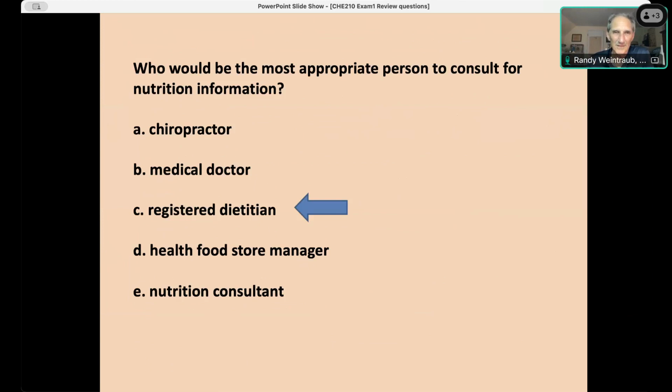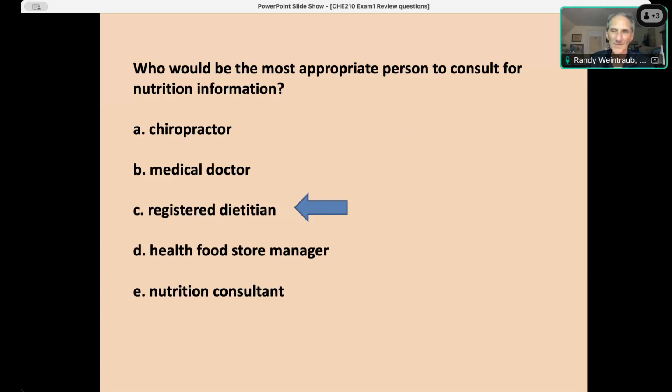A registered dietitian, it's called a registered dietitian nutritionist. They added nutritionist because dietitian doesn't sound as authoritative as it really is. So they added dietitian and nutritionist to that title only in the last 10 years.